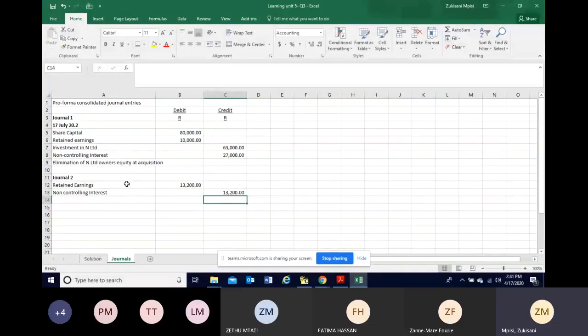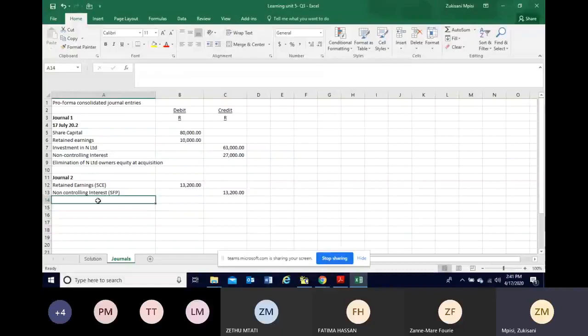So this non-controlling interest is the one that is in the statement of changes in equity or in the statement of financial position.